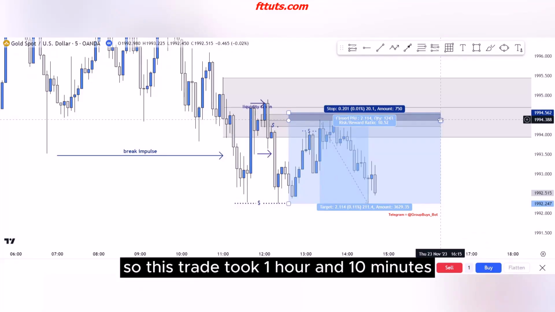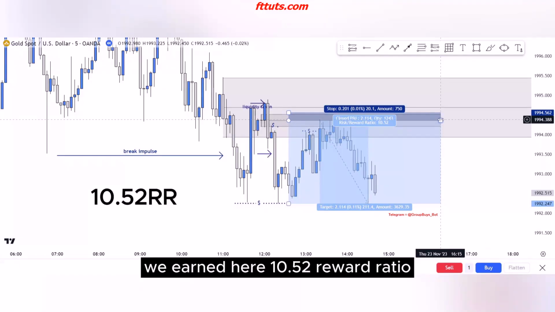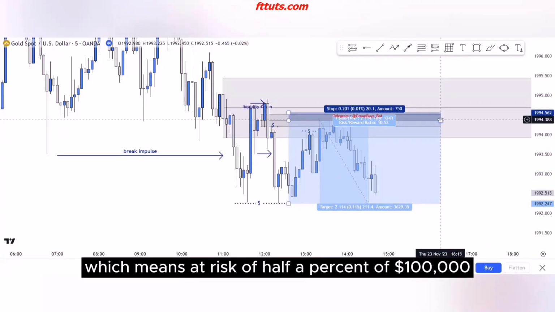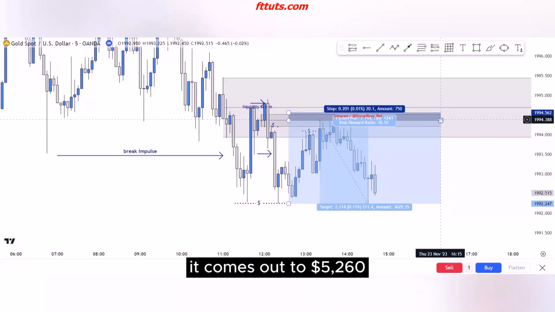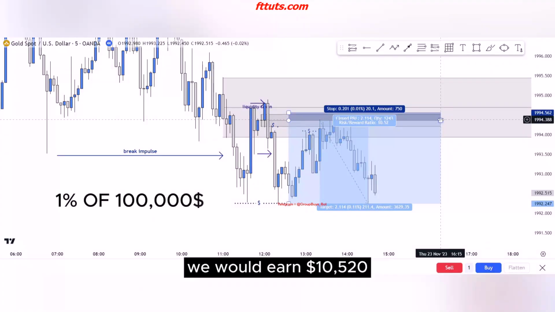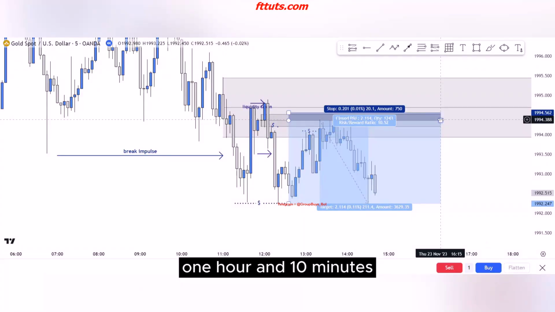So this trade took 1 hour and 10 minutes. We earned here a 10.52 reward ratio, which means at the risk of 0.5% of $100,000, it comes out to $5,260. And if we risk 1%, we would earn $10,520. 1 hour and 10 minutes.